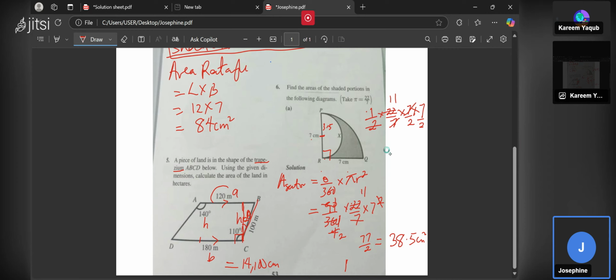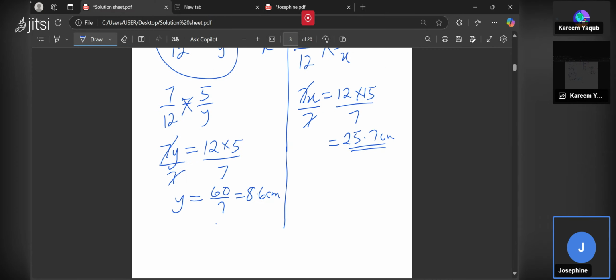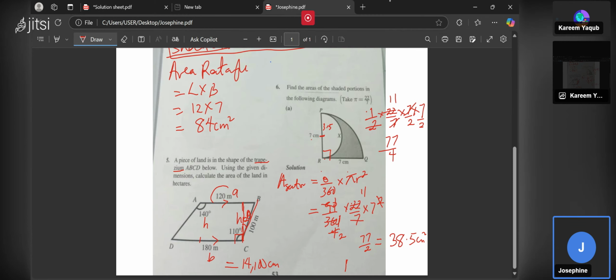So we're going to have 77 all over 4. So 77 divided by 4 is 19.25.